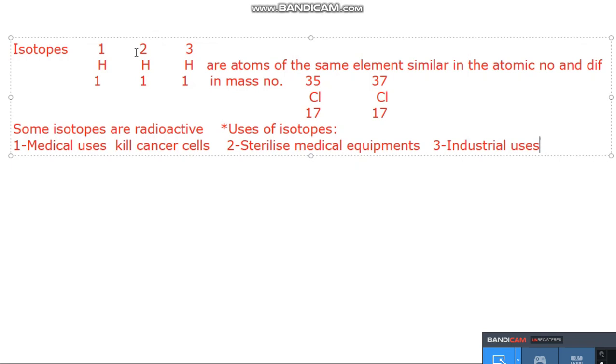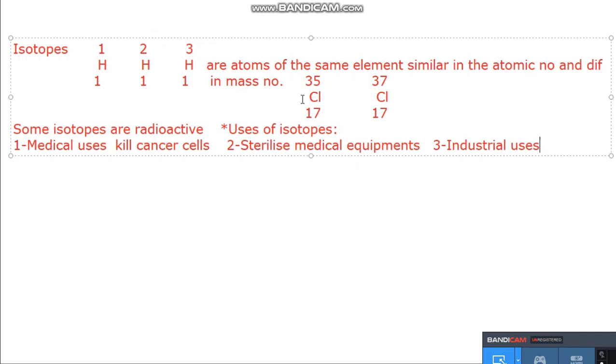We also have another example of isotopes, chlorine-35 and chlorine-37. We said that isotopes are radioactive, which means they can emit radiation, rays like alpha, beta, gamma, X-rays, and so on. They can be useful or harmful. Harmful, they can cause diseases.